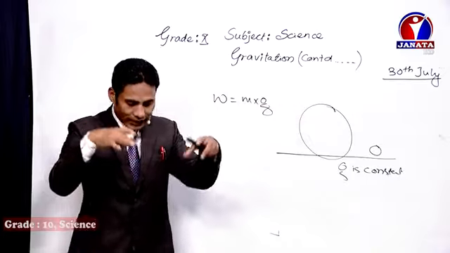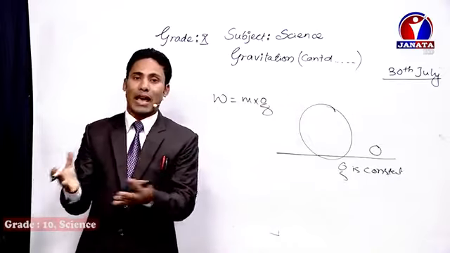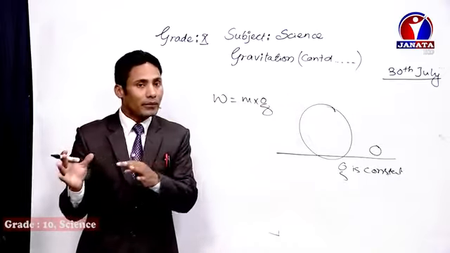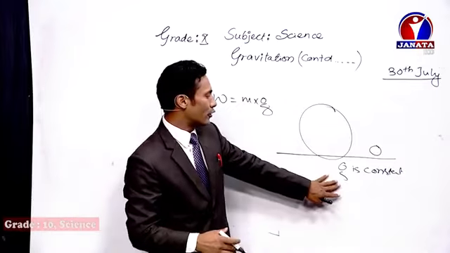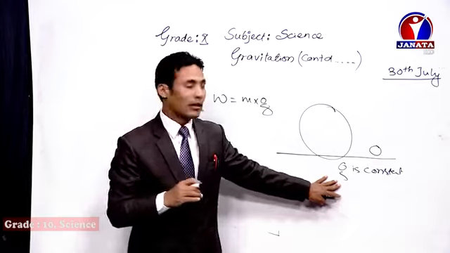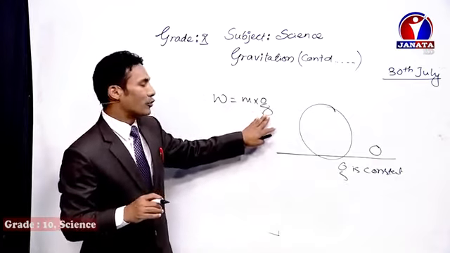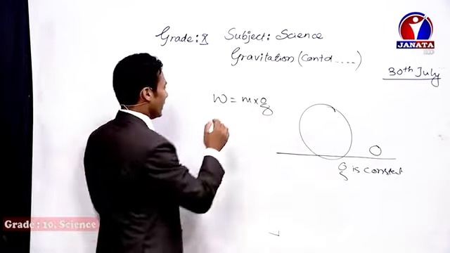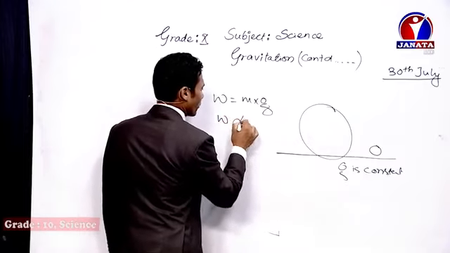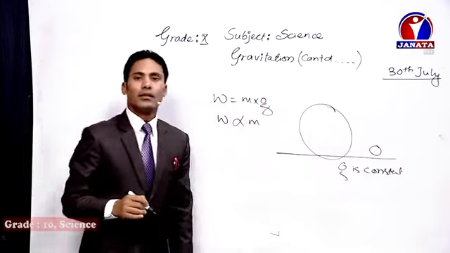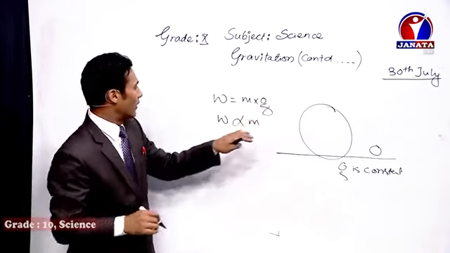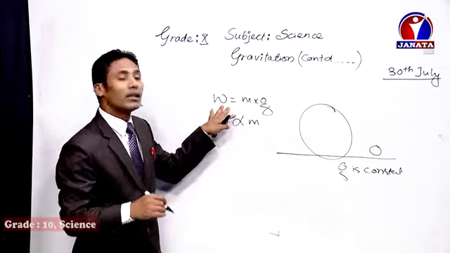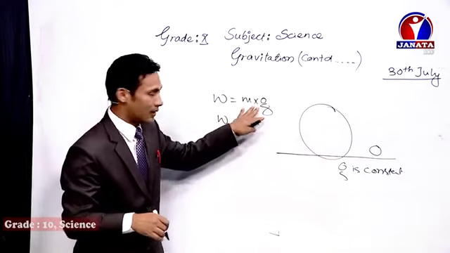For example, if in this place we are lifting the large stone and the small stone, then the place is the same, and if the place is same, then acceleration due to gravity is constant. Now, if g is constant, then can you write down that weight is proportional to the mass? Whenever g is constant, the weight will depend upon the mass.